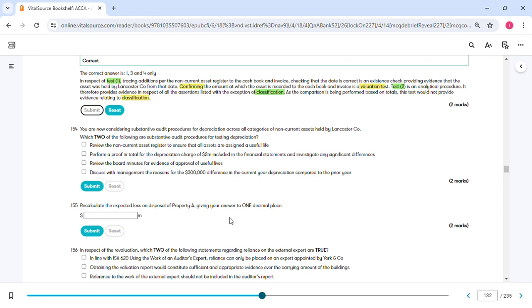Which two of the following are substantive audit procedures for testing depreciation? Both of you tell one option.